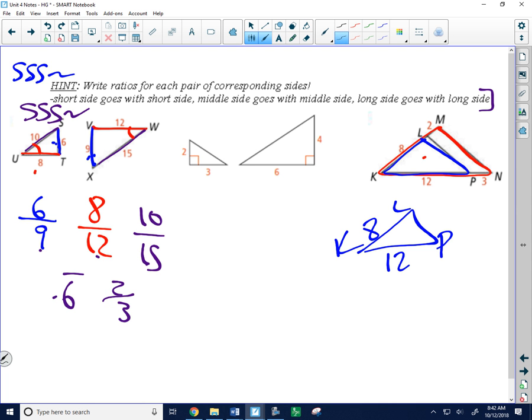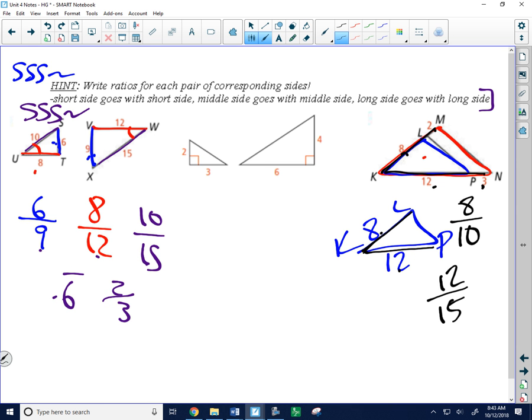So let's see, are the triangles similar? Well, let's compare the sides that I know. I only know this triangle, the 8 and 12. So 8 here will correspond with the 10 in the red triangle, 8 and 10. Let's check this side, 12, and that must go with this one, 12 and 15.